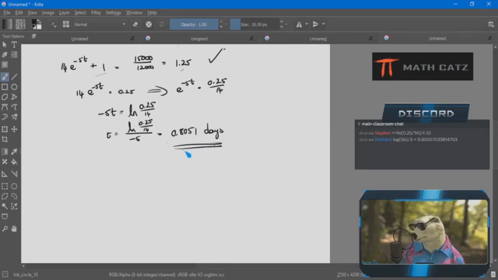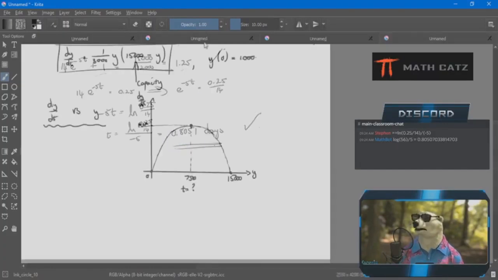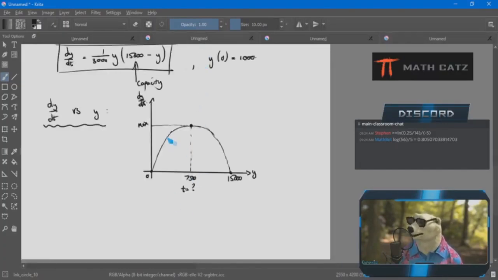0.8051 days. So it does grow very quickly: in less than a day, 0.8 of a day, the bacteria culture grows to 80% of its capacity. And you can also answer questions like where is the growth rate maximum?